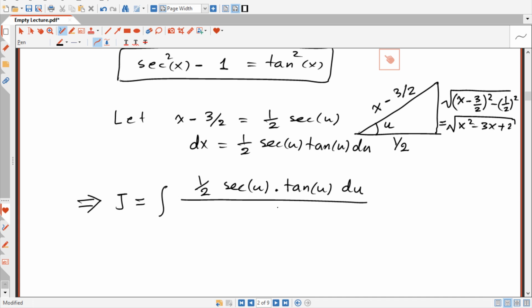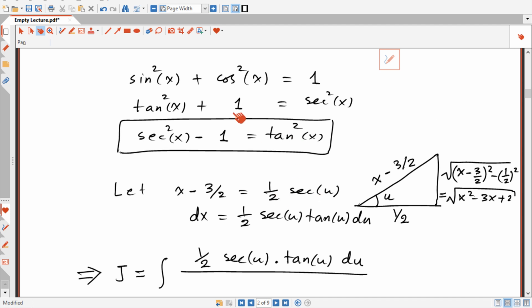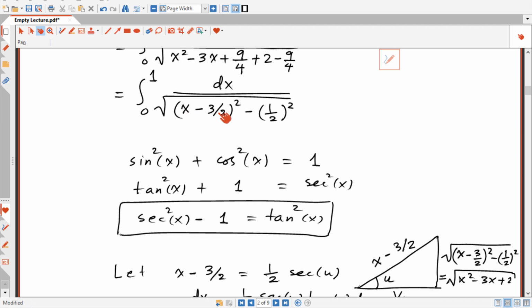divided by, if we substitute half secant squared instead of x minus 3 by 2, half secant squared minus half squared. We take the 1/2 squared as a common factor, and then we're left with secant squared minus 1, that's tan squared under the square root, that's tan u.